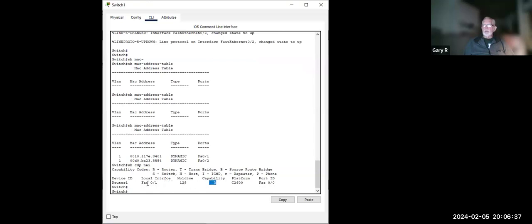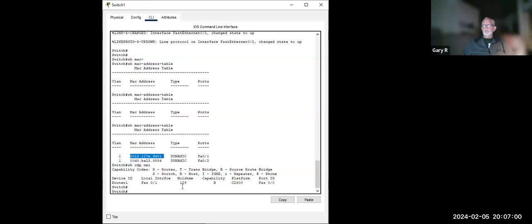That's the router. My interface, FA01, is connected to the router, and the router is looking at me through its FastEthernet 0/0 port, and that means that the router's MAC address on that interface is that right there.